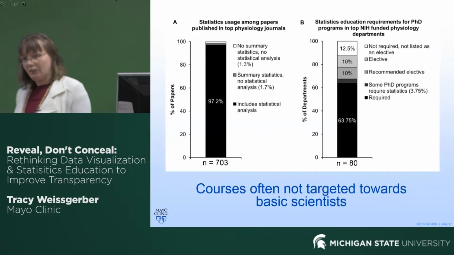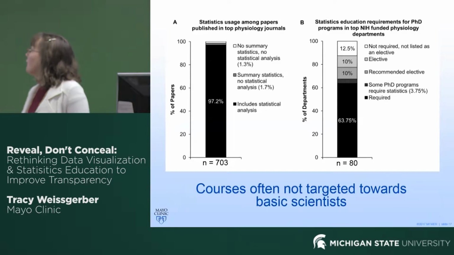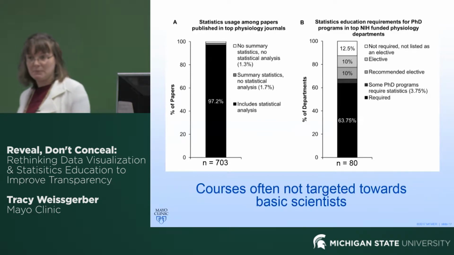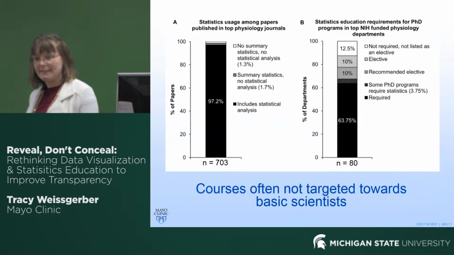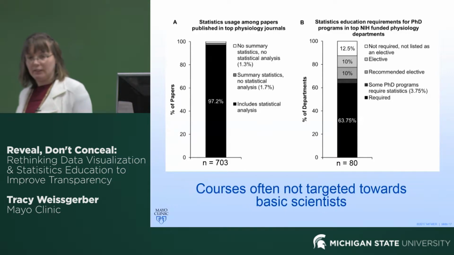The remaining third, it wasn't required, and there were a mixture of different strategies. About 10% included stats in their program as a recommended elective, and 10% included it as an elective but didn't specifically recommend or encourage students to take it. For the remaining 12.5%, statistics was not required, it was not an elective, it simply was not part of the program.